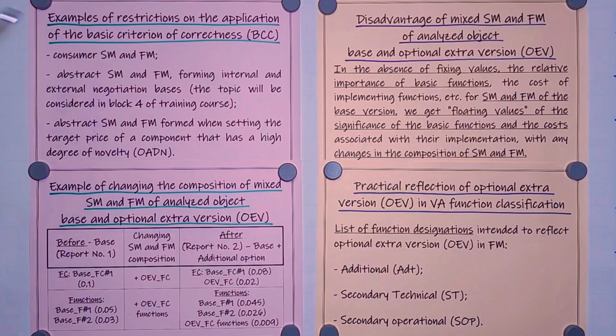The second restriction concerns abstract structural and functional models formed in internal and external negotiation bases, that is, models formed in the process of commercial negotiations with a supplier of purchased products, for which the supplier does not provide a complete list of information.